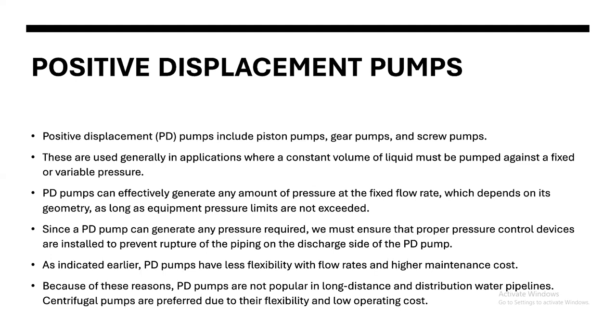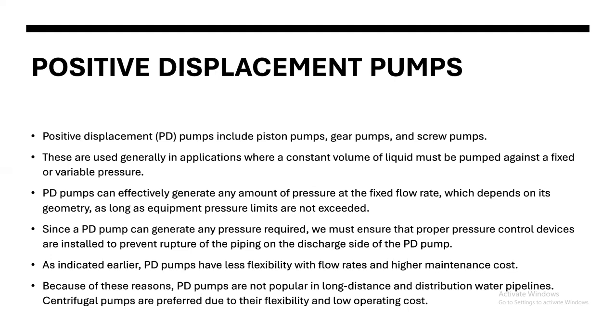PD pumps can effectively generate any amount of pressure at the fixed flow rate, which depends on its geometry, which means your pipe size, as long as equipment pressure limits are not exceeded. Otherwise, your pipeline will burst. Since a PD pump can generate any pressure required, we must ensure that proper pressure control devices are installed to prevent rupture of the piping on the discharge side of the PD pump.